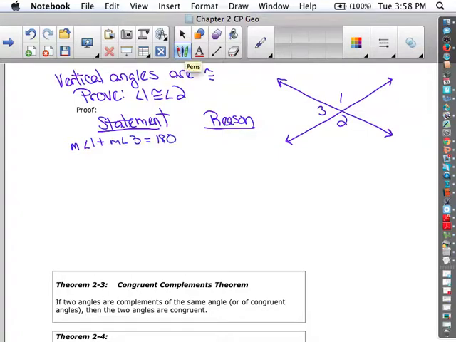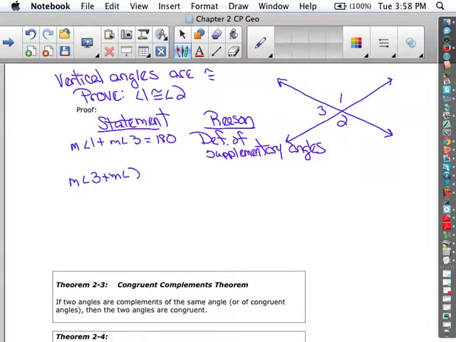And that's from the definition of supplementary angles. I also know the measure of angle 3 plus the measure of angle 2 equals 180. And that's also the definition of supplementary.